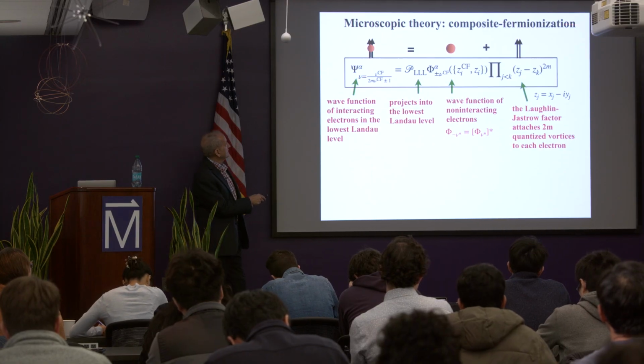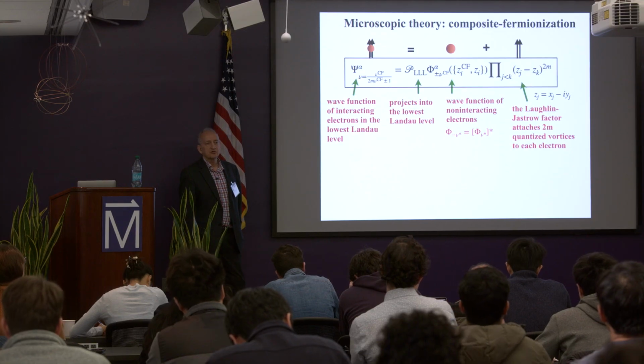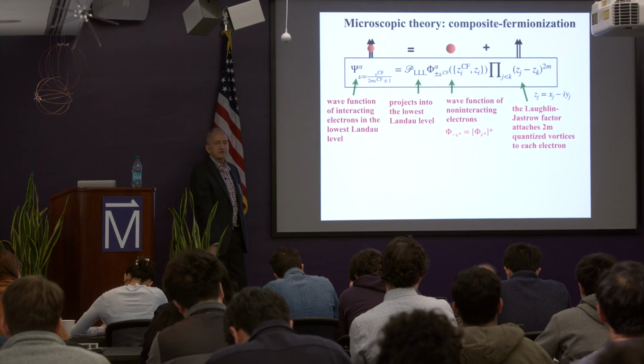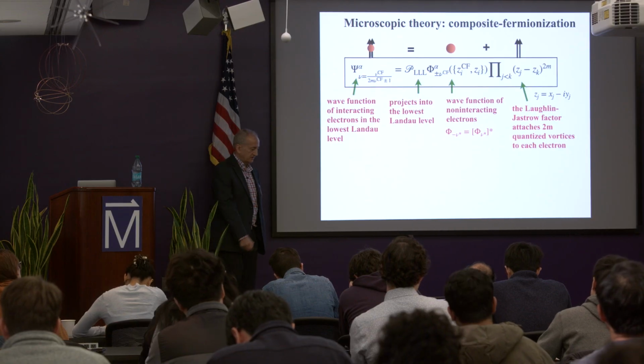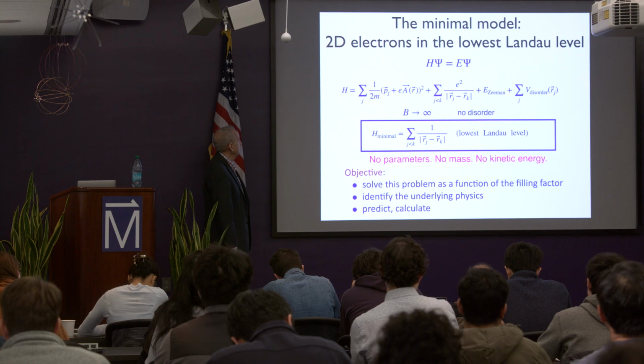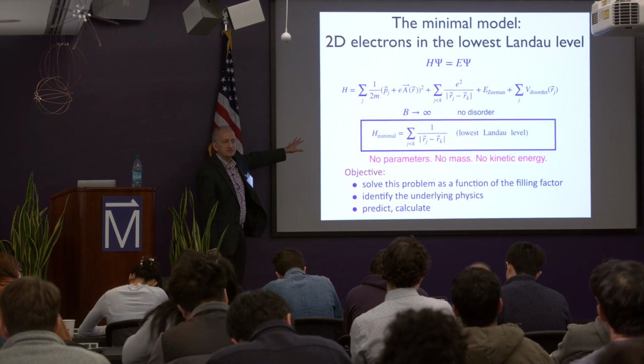So this is called composite fermionization, and that's something I'll use later on. So you start with something, you multiply by the Jastrow factor, followed by projection. That's composite fermionization.